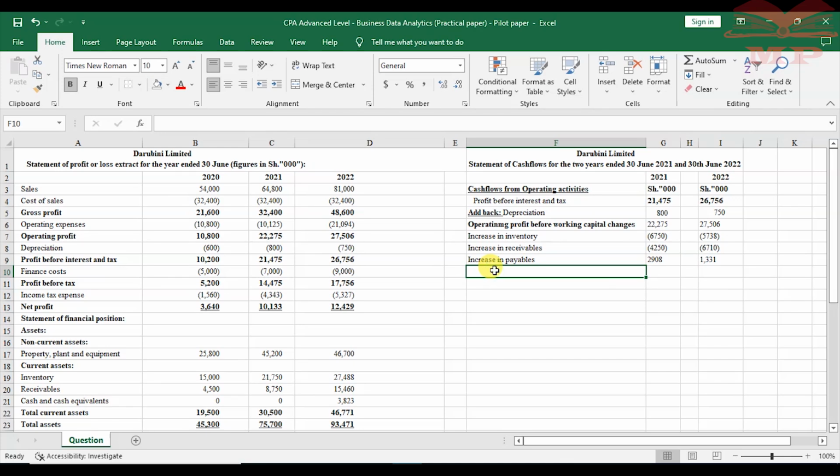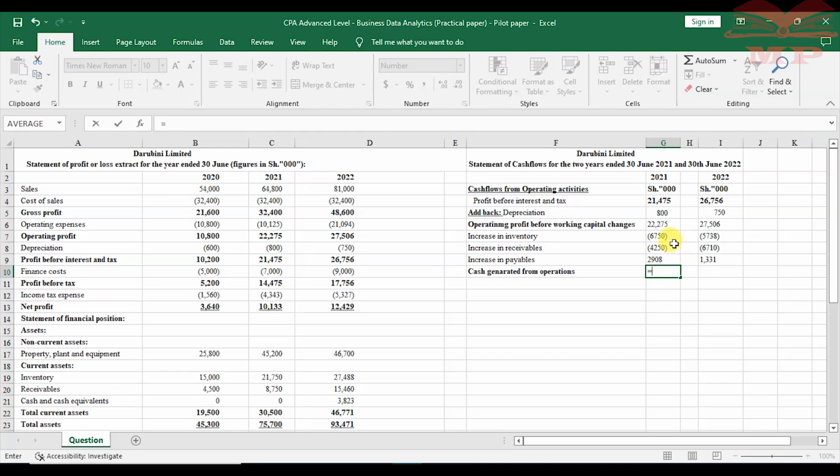After that, we will be getting the cash generated from operations. Cash generated from operations will be the aggregate of what we have here.